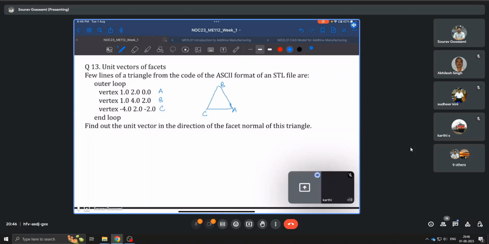The way to find the normal is that, say, any two vectors, such as AB in this case, this vector right here, with its head here, and AC, their cross product will be normal to the plane containing this triangle. And if I divide it by its magnitude, I will end up with a unit normal vector.